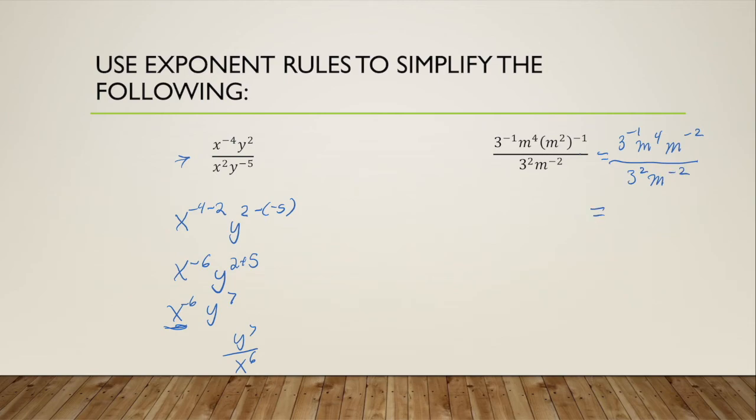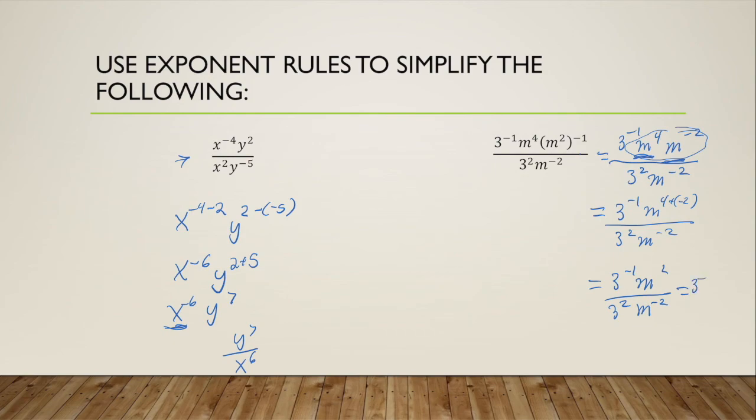I'm going to go ahead and combine my m's in my numerator. If I have m to the 4th times m to the negative 2, that's m to the 4 plus negative 2. That's going to give me 3 to the negative 1, m squared over 3 squared m to the negative 2. Now I'm going to use the quotient rule.